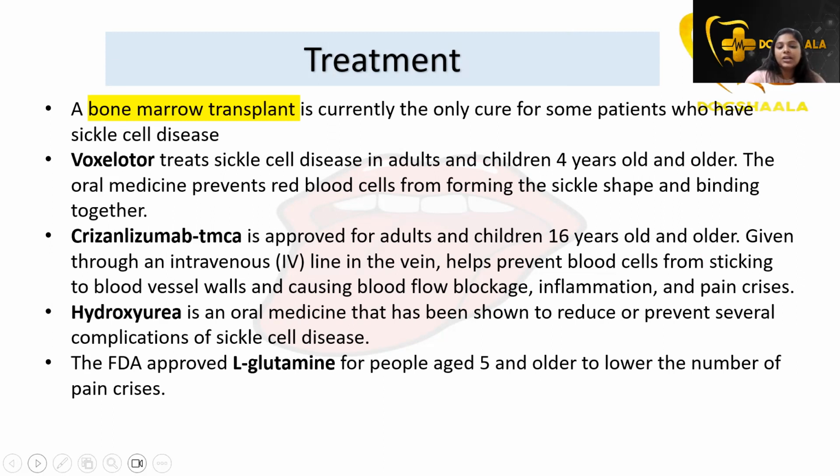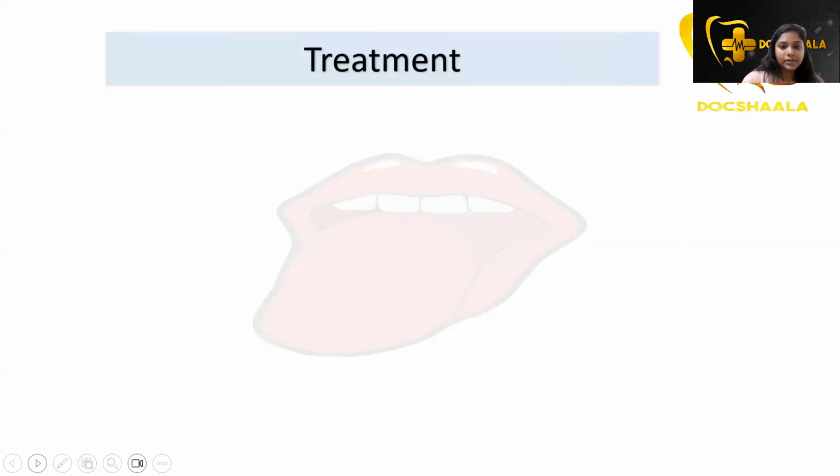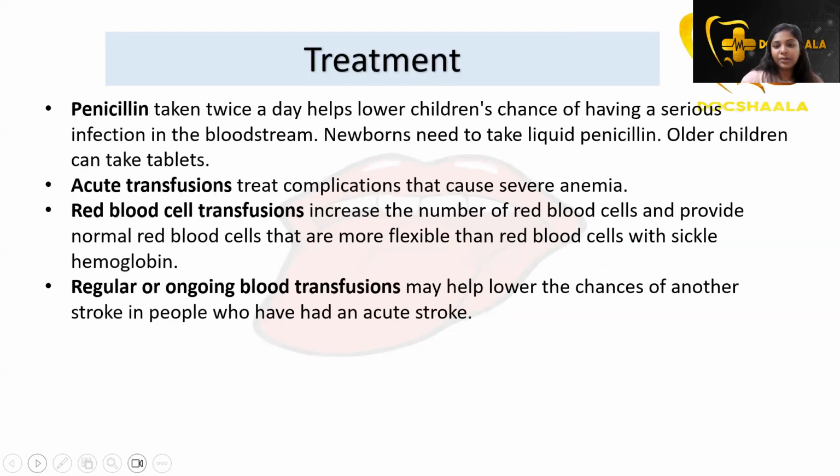Then hydroxyurea is an oral medicine which helps reduce or prevent several complications in sickle cell. And FDA recently approved L-glutamine for people aged 5 or older, which lowers the number of pain crises. Then penicillin taken twice daily helps protect children from serious infections due to bloodstream infection. For newborn infants, we can give liquid penicillin.